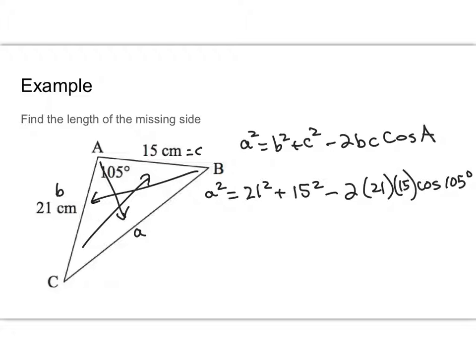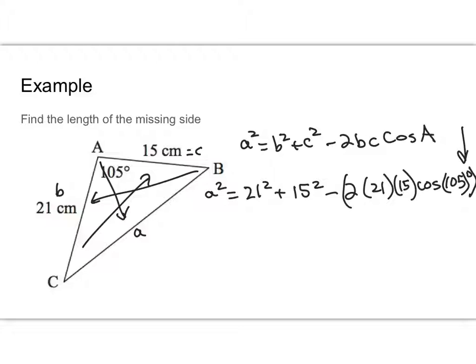Oh, just a side note, that's 105 degrees. So your calculator probably should be in degrees, right? And if you're going to be foolish and try to put this in your calculator all at once, well, you need to put parentheses around all of that, or you're going to have a problem.